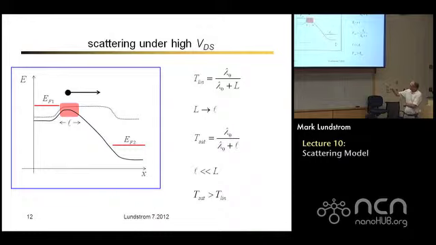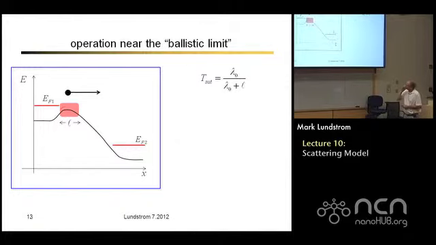Okay, so that kind of argument explains why the transmission is higher when we have more scattering, which is a little counterintuitive. We should also mention, when we talk about operation near the ballistic limit, what does that mean exactly? It doesn't necessarily mean that there's no scattering in the device. There might be a lot of scattering in the device. What I mean by that is, the current that we're getting is close to the current we would get if there were no scattering. You could have a lot of scattering in the region of the device where the carriers are very energetic.